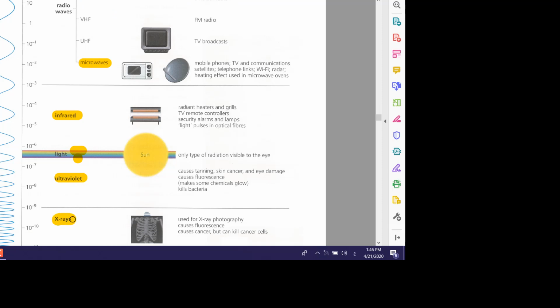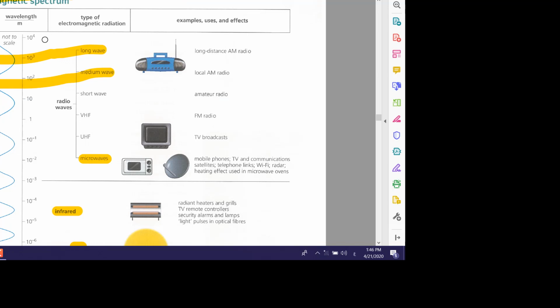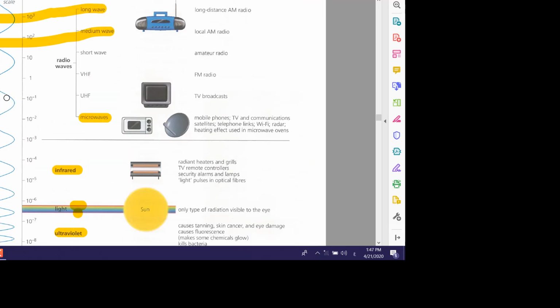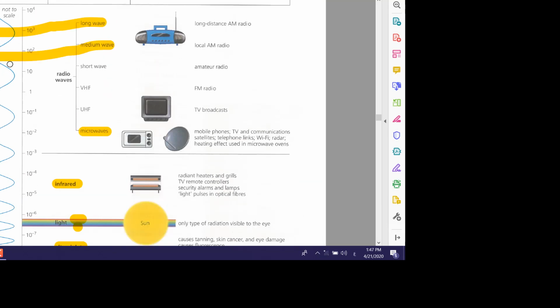After that, we will have X-ray. From the longest wavelength to the shortest. If you look at this drawing, you can understand that the wavelength is the distance from this point to this point. So if you compare this distance with the distances here, of course here it's more.